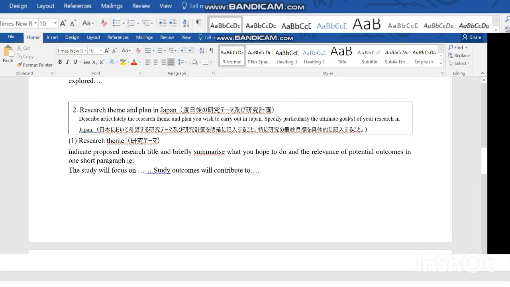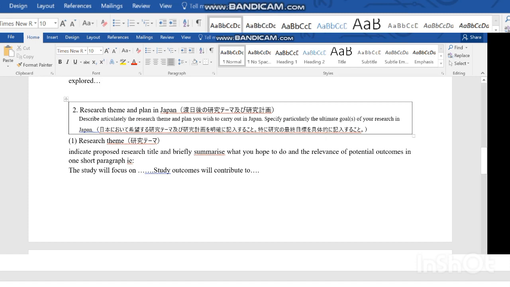So you will not be jumping from one thing to something completely different. I thought it would be nice to have that flow of ideas, and that's why for the last paragraph in this little sample, I recommend concluding based on your future recommendations of study relating to the theme of study you want to do in Japan.